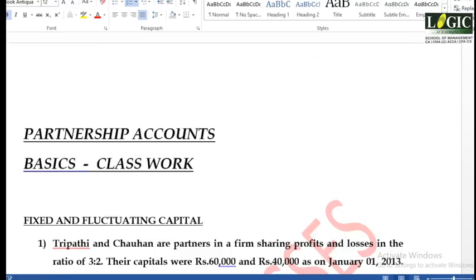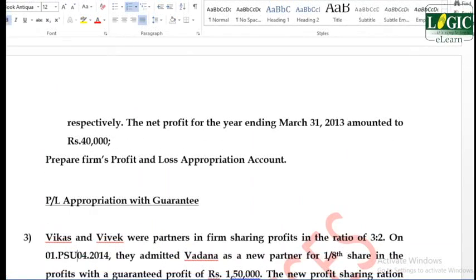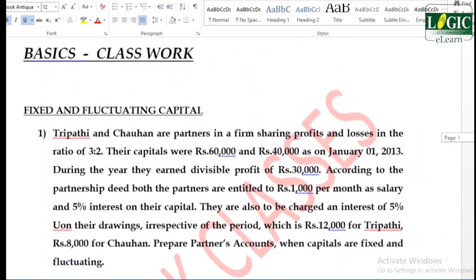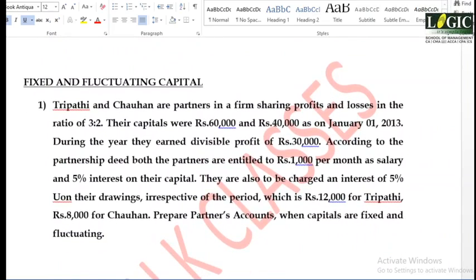I will give you selected problems. Please copy down the problem. Fixed and fluctuating capital. Tripathi and Chauhan are partners in a firm sharing profits or losses in the ratio. Their capitals were 60,000 and 40,000. During the year, they earned divisible profit of rupees 30,000.